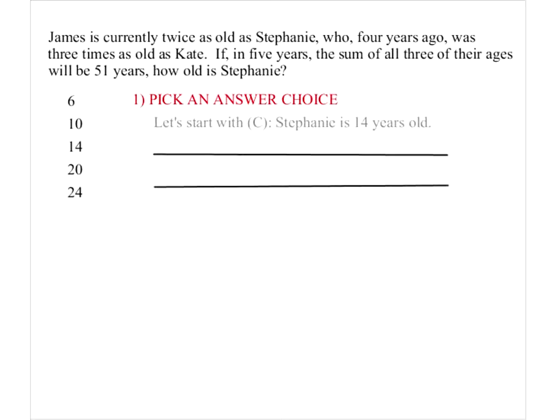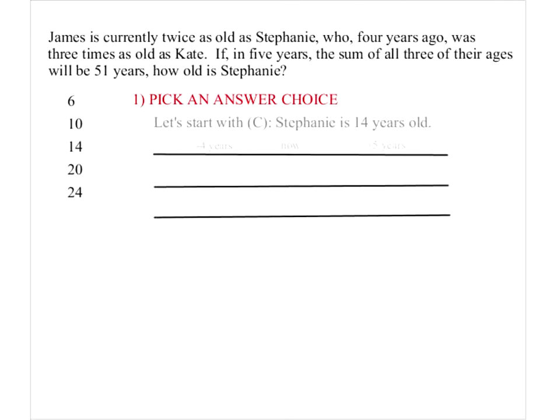So you've got several quantities to deal with here. In this case, you have 3 time frames, which are 4 years ago, and then now, and then 5 years from now, that's supposed to be minus 4 years.